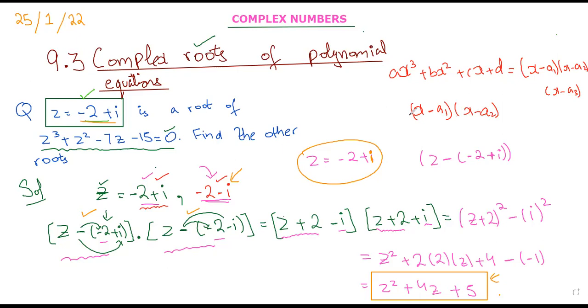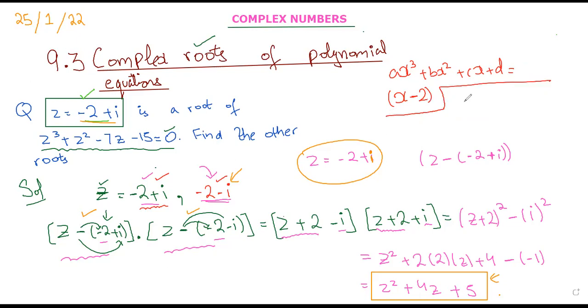Do you remember such questions when you used to have a cubic polynomial and you were given a factor of this type, let's say x minus 2? How do we solve such questions? We just write it as our divisor. We write this polynomial in the dividend.